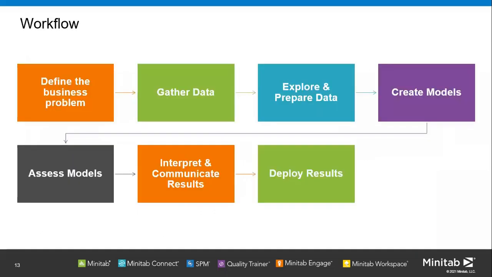This is generally the predictive modeling workflow, which often involves these steps. The first thing, you need to define the business problem. I think almost all of you know about the PDCA, so you need to plan it and define your business problem.